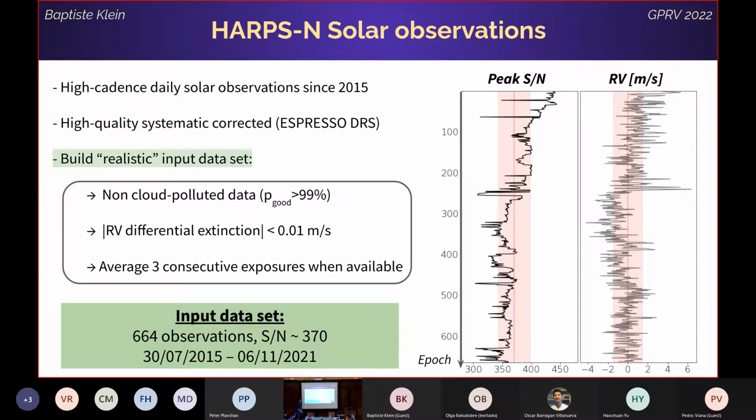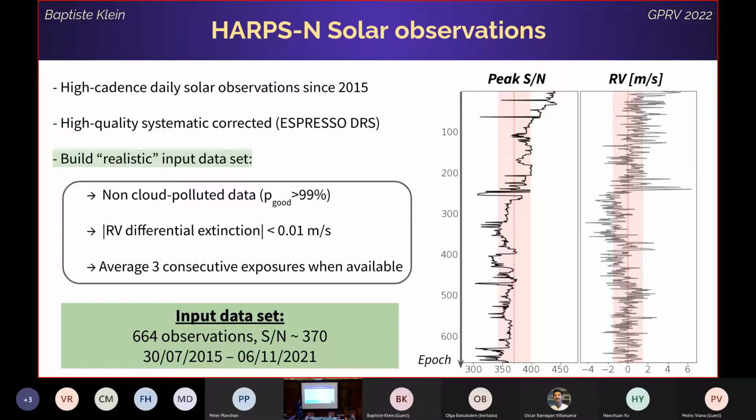Okay, so our input data set is the HARPS-N solar observation, and we decided to build a more or less realistic data set from these observations. To do so, we select data processed with the ESPRESSO DRS. We want to select the data where there is no cloud obstructing the sun, so data with very good quality as assigned in Andrew's paper.